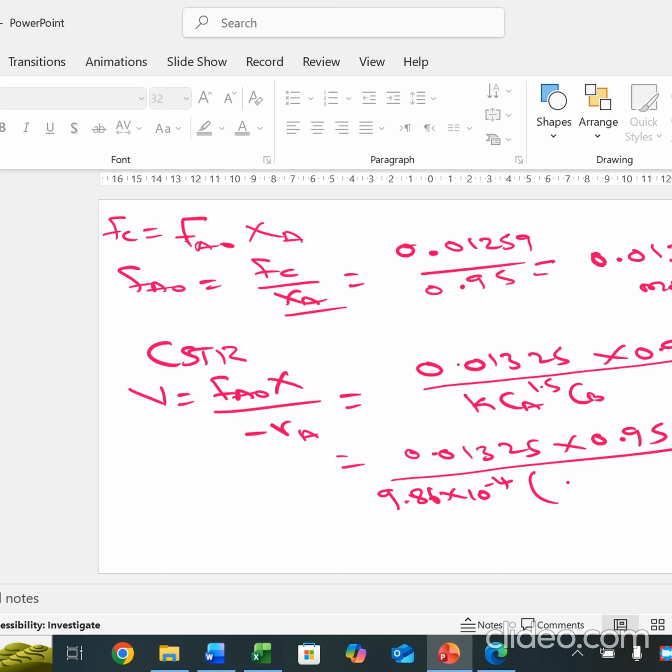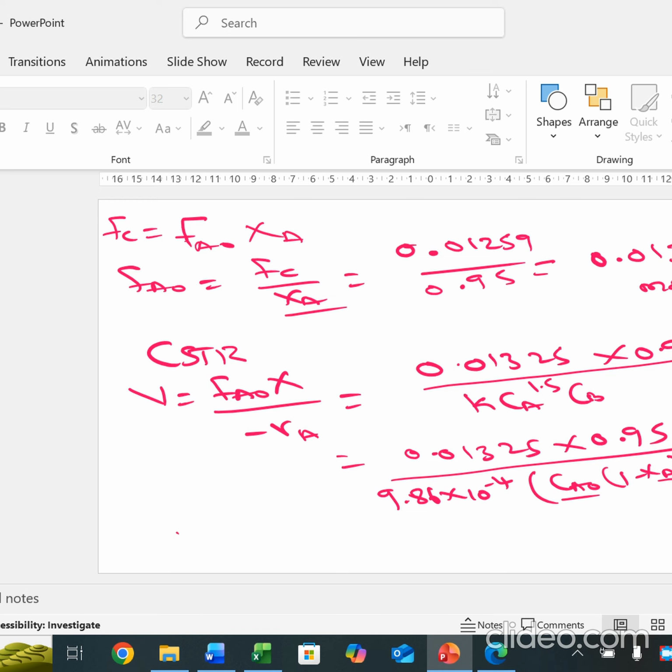CA naught. CA is equal to CA naught (1 minus XA), raised to power 1.5, then CB is equal to CB naught. So when we evaluate this, CA naught is already known to be 1, and 1 minus XA is 1 minus 0.95, that is 0.05 raised to power 1.5.